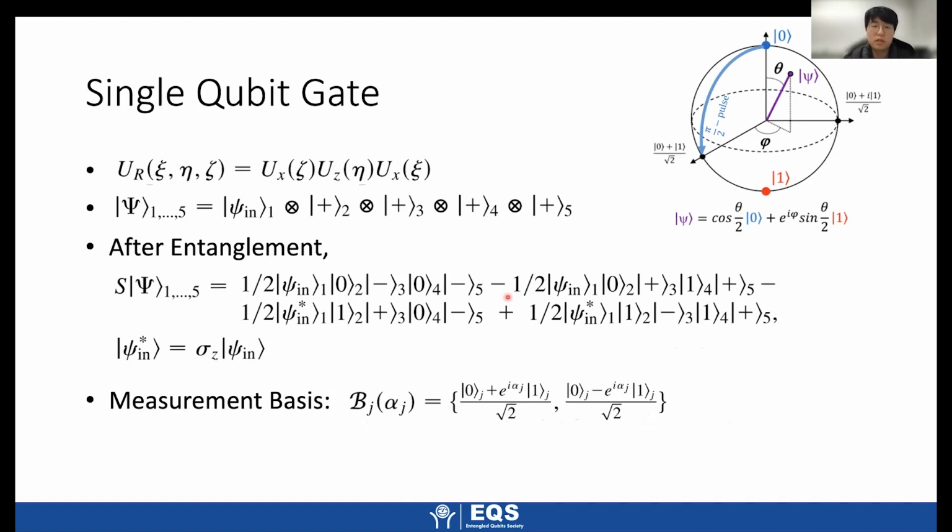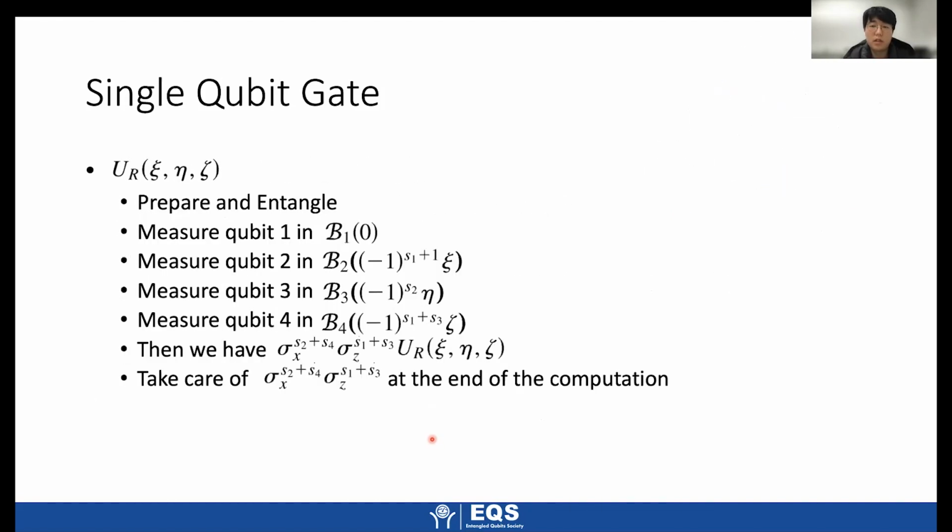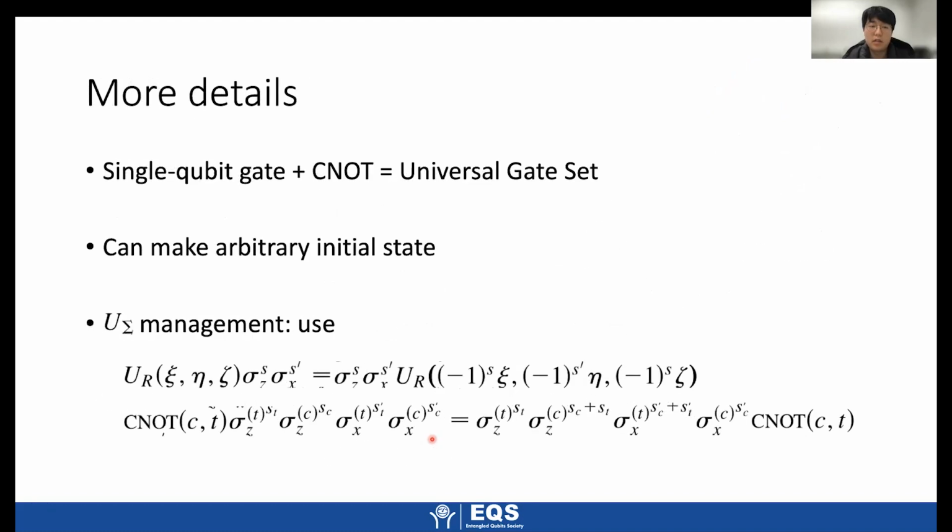But using this single qubit gate scheme and CNOT gate scheme, we can implement any arbitrary initial state, right? So we apply some single qubit gates and CNOT gates to make a general initial state. Okay, so that's how we make initial states.